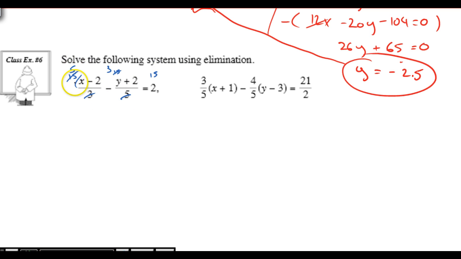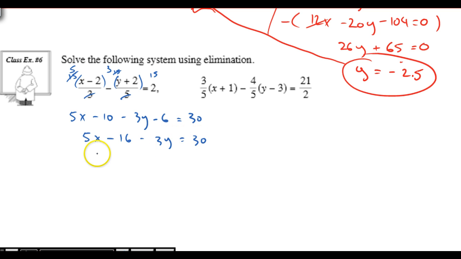So it's going to be, now make sure you put my brackets around here, 5x minus 10, and then watch this negative here, so negative 3y minus 6 equals 30, and then it's going to be 5x minus 16 minus 3y equals 30, and then finally 5x minus 3y equals 46.